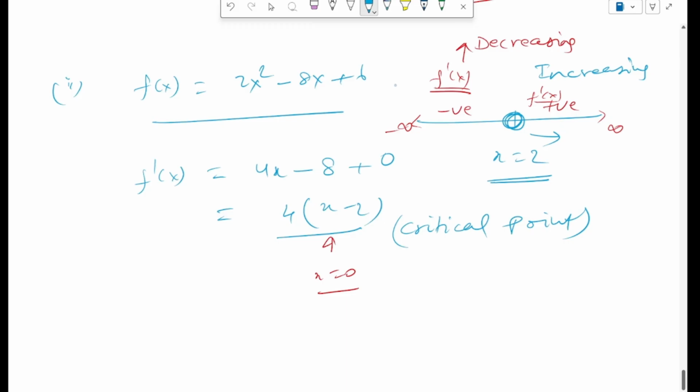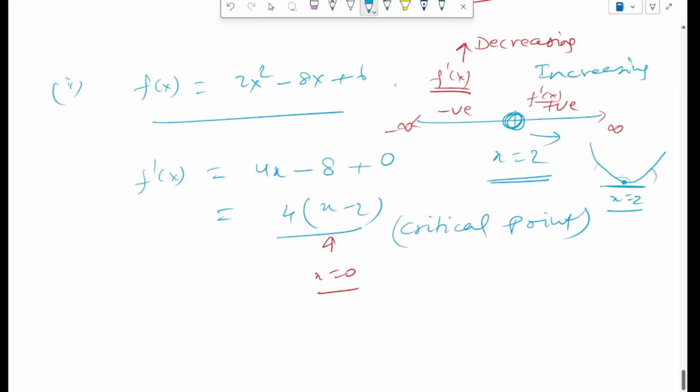So what kind of graph are we about to get? It will be something like this, going down, and then after x = 2 it has started rising, right? So x = 2 will become a minimum point in this locality.